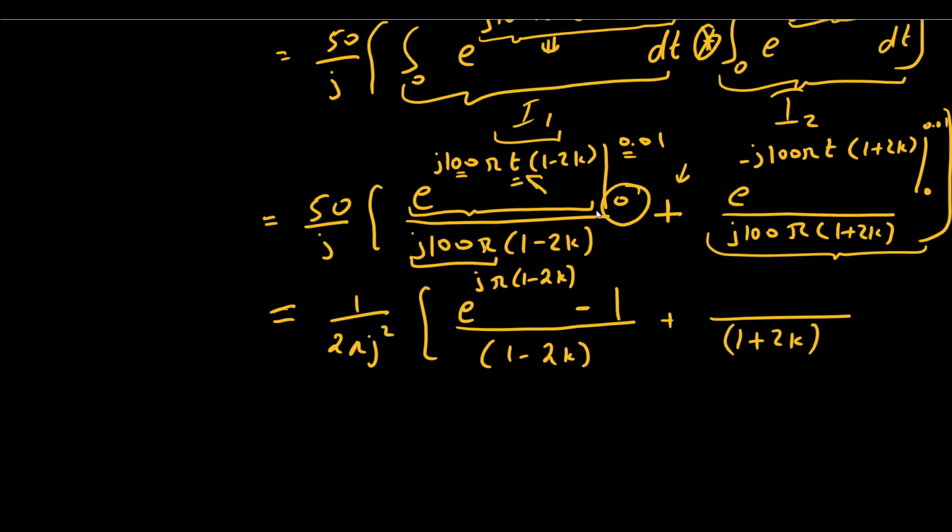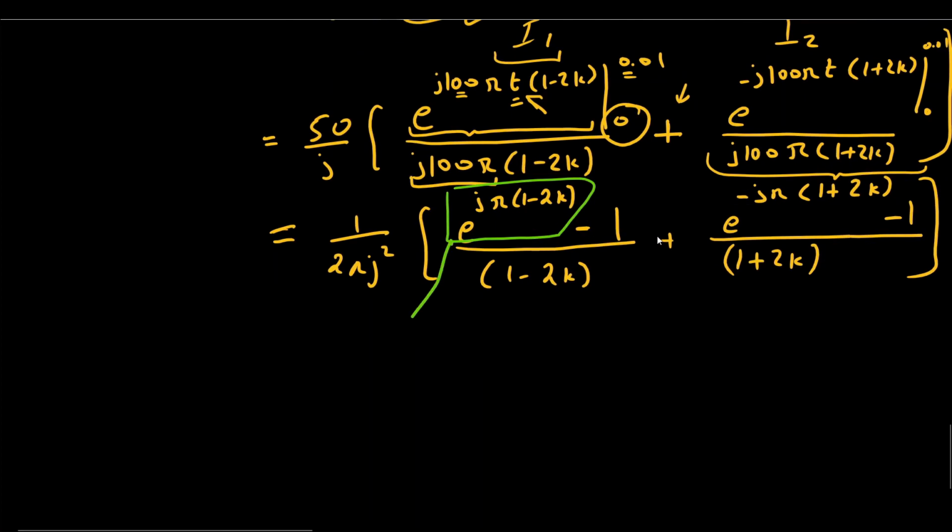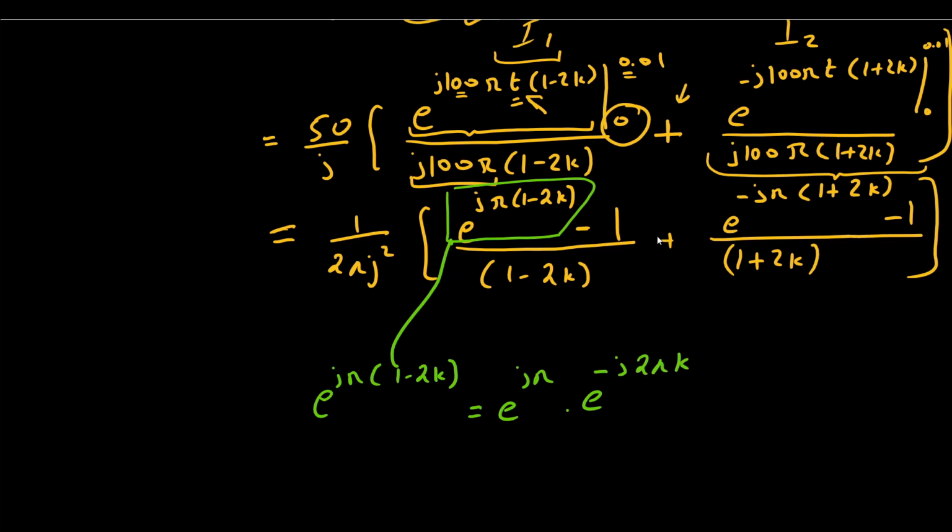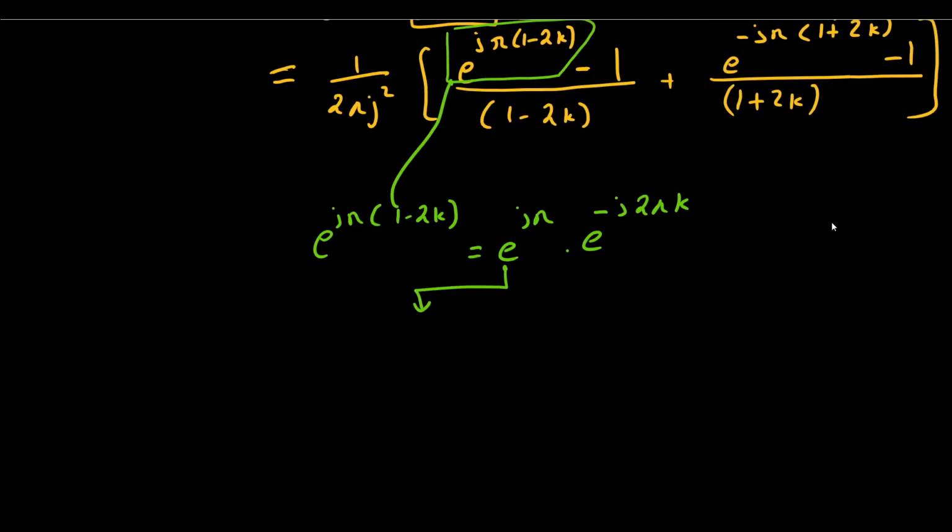Similarly, from this part we have e to the power minus j pi (1 plus 2k) minus 1. So we can simplify this expression further by using the exponential and its definition, that is we have e^(j pi (1 minus 2k)). So this is equivalent to e^(j pi) times e^(minus j 2 pi k), and this function from Euler's identity is cos of pi plus j sine of pi.